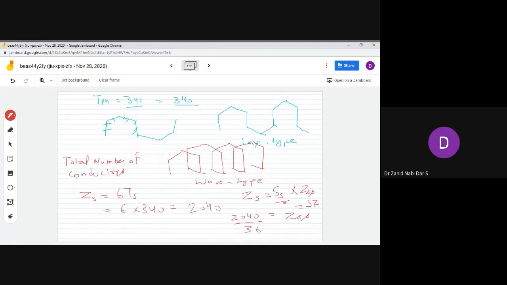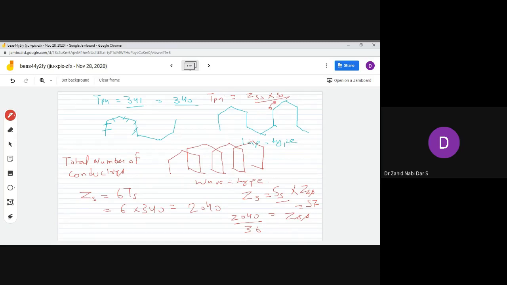So let's see, the actual number of stator slots, do they match? If you write again the actual turns per phase, that would be ZS into SS divided by 6. So that is the same thing, you will get around 340 turns from this also.